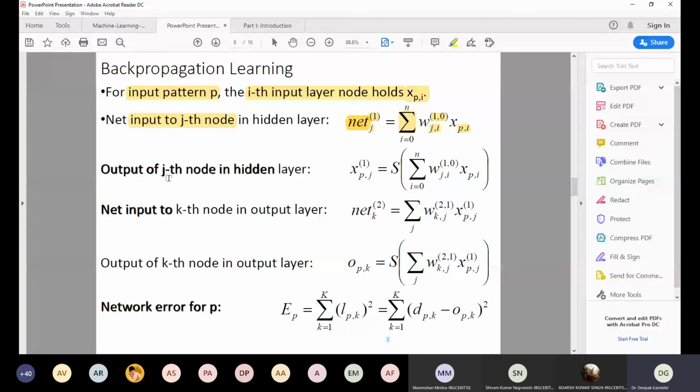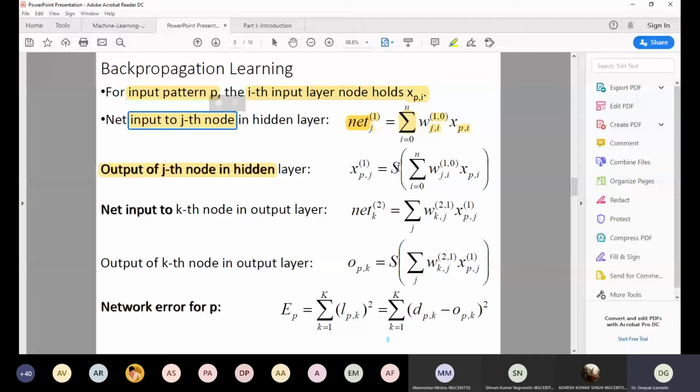Now suppose we are writing the output of the jth node in the hidden layer. In the hidden layer, it will pass through the sigmoidal function. So the input is net_j, the summation over i from 0 to n of wji xi for the weight 1 0, the same as we have seen here.